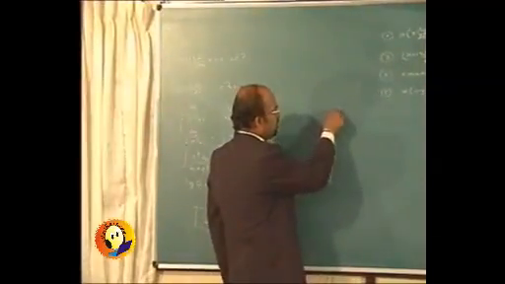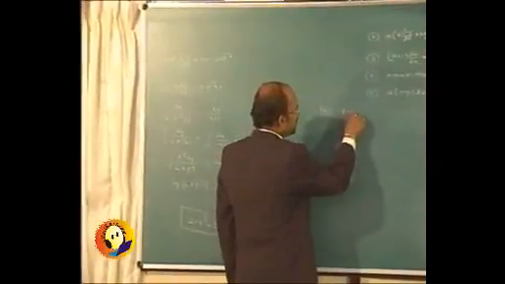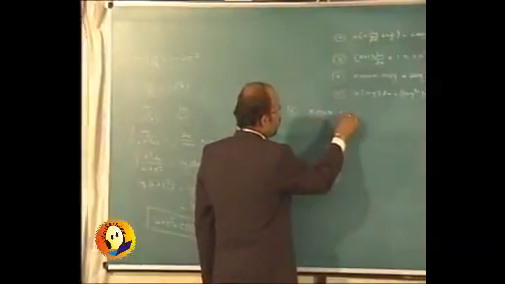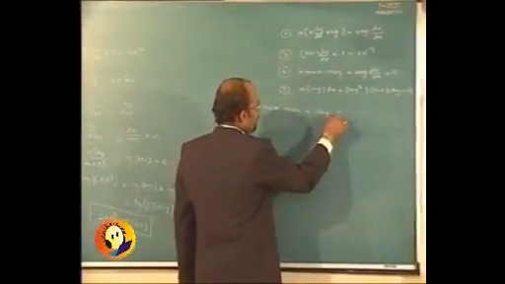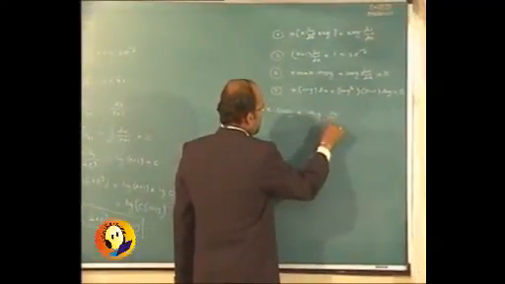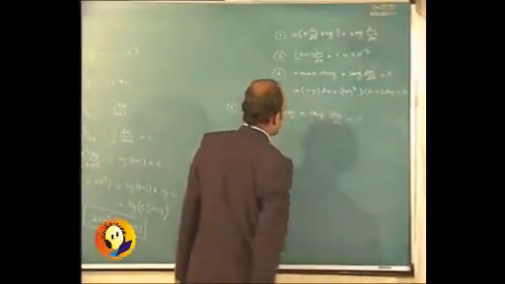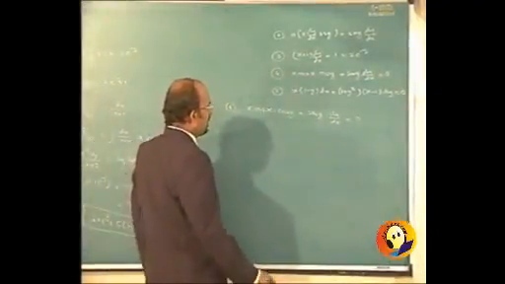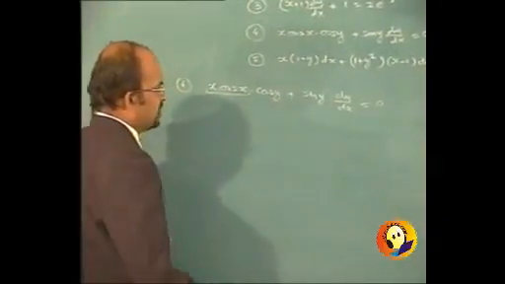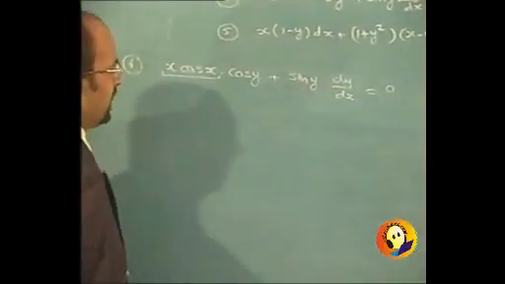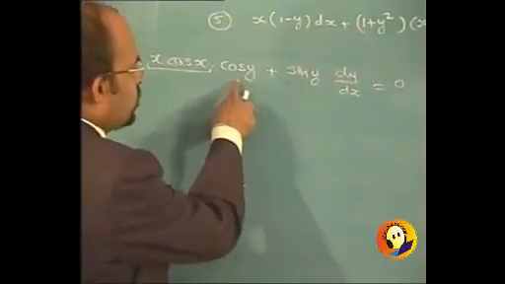So in problem number 4, which is x cos x into (cos y plus sin y dy by dx) equal to 0. We are certainly aware of the fact that x cos x should get multiplied by dx, or it should be separated with dx, and this cos y is an extra term.